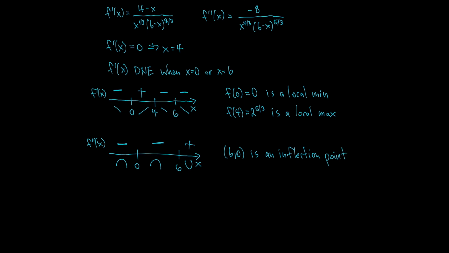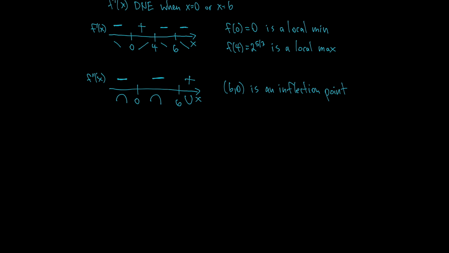Okay, let's draw this. And we know that we have a minimum at 0. We know that we have a maximum at 4, and it's (4, 2 to the 5/3).